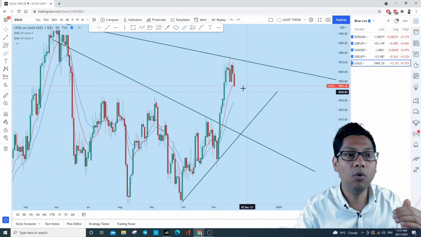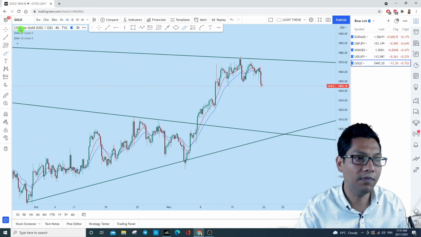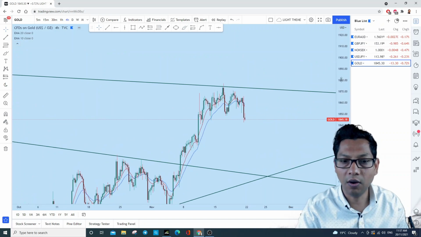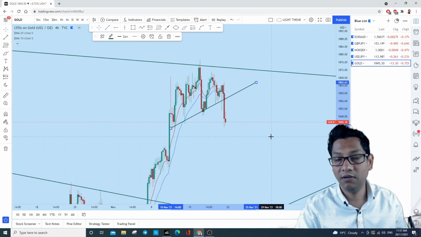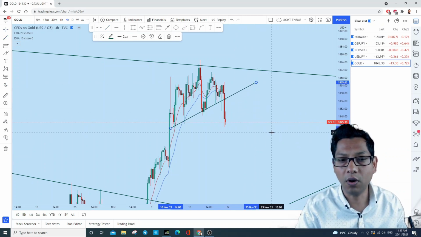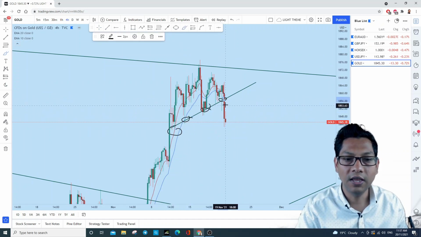But how will we be able to trade this instrument based on the lower time frame? Let's see on the 4 hour how we can trade. On the 4 hour, gold has broken this level of lower time frame. On the 4 hour, this is the support here, support here, support here, support here, support here, which has been broken to the downside.